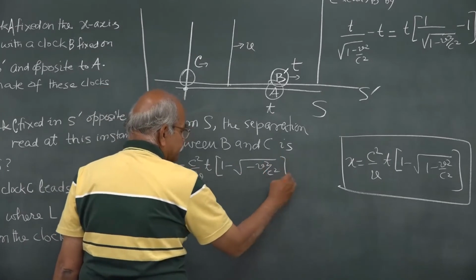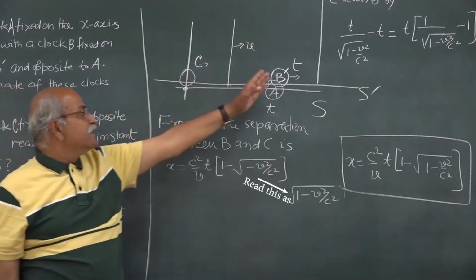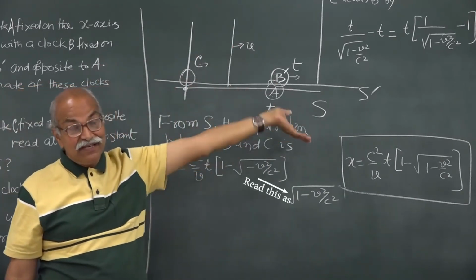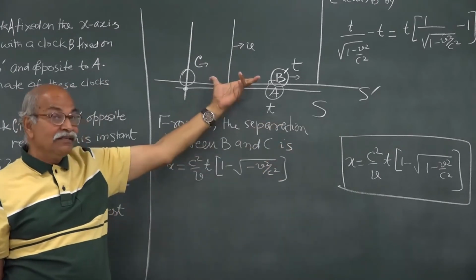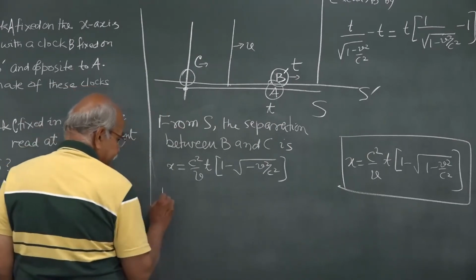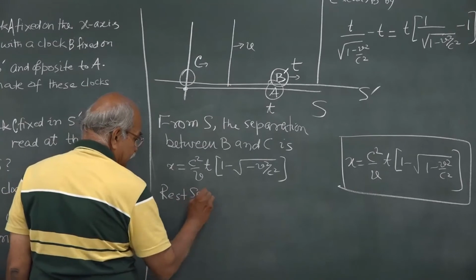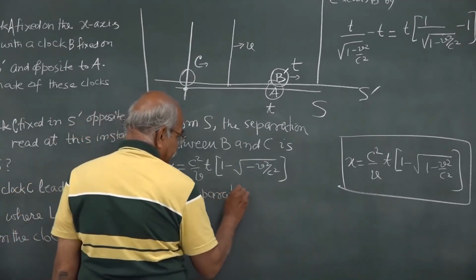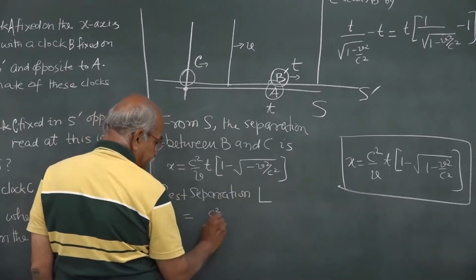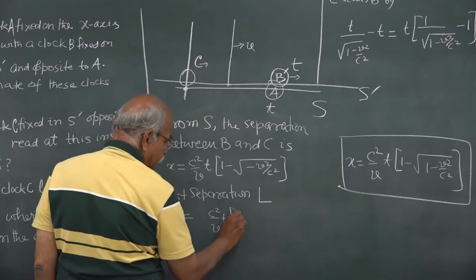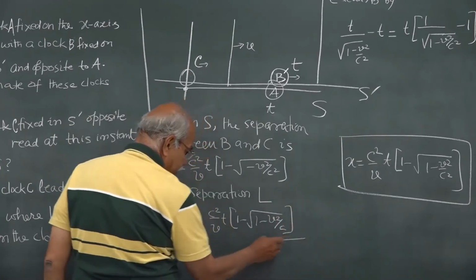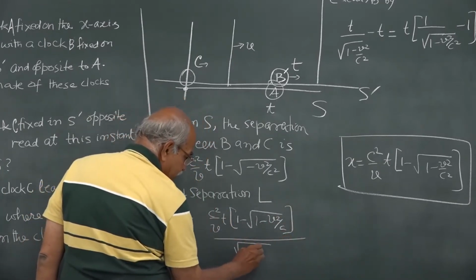That is the separation between B and C as seen from S, and in S both of them are moving with velocity V. So the rest separation, which is larger than the separation in any other frame, L, will be equal to this quantity. It's larger. So remember you have to divide by square root of 1 minus v square by c square.